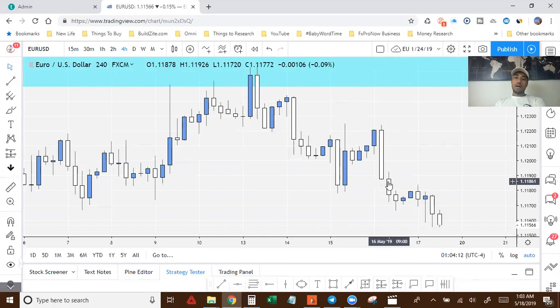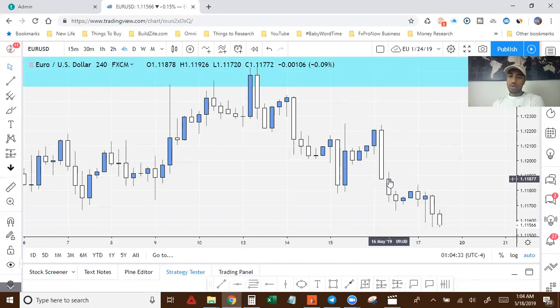We see that the open is right here. You see where it has the O, 1.11878. And if you look all the way to the right, we're talking about this area right here. You see how it pops up over there?